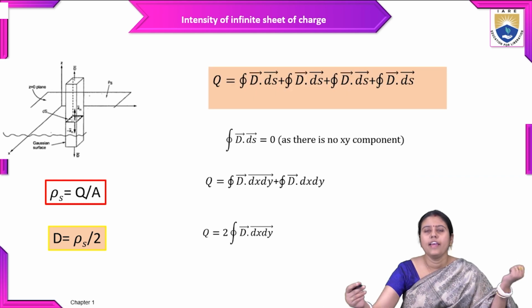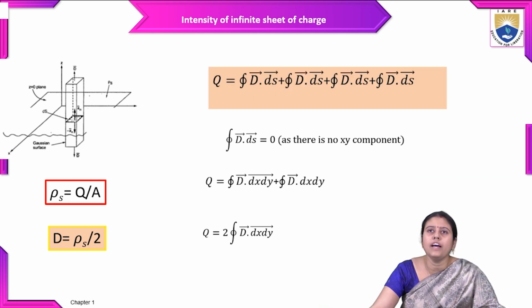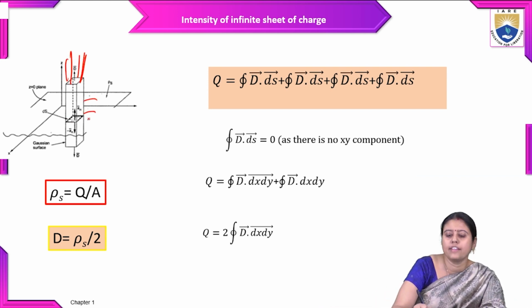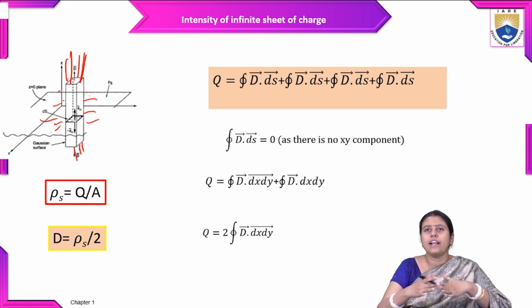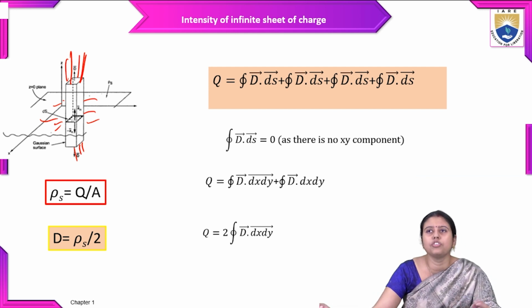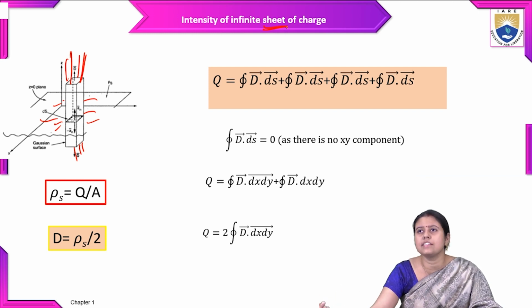Now similarly, if we are thinking about the intensity of an infinite sheet of charge, it means the sheet is very big. The flux will come out from the top, the bottom, and the sides. But infinite sheet means the length is almost infinite, and the sheet of charge means the thickness is 0.